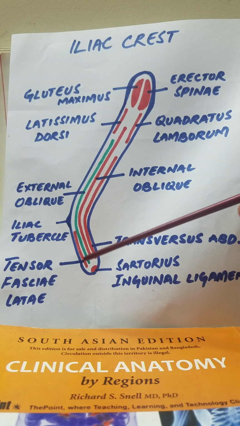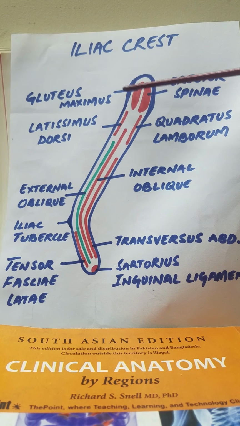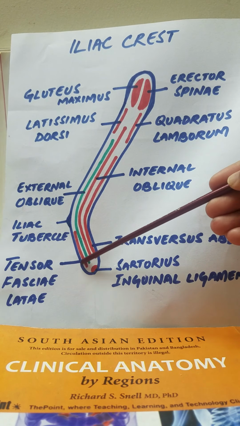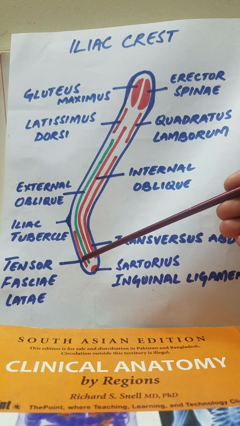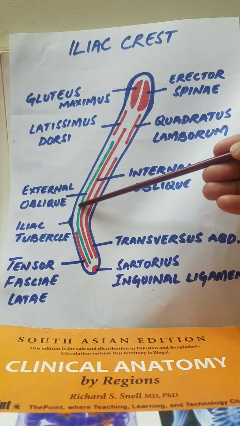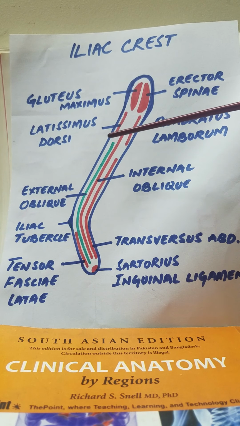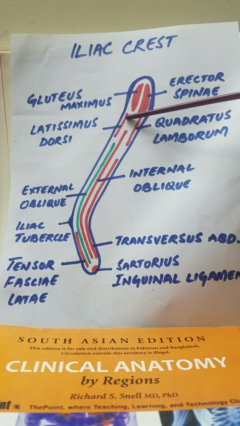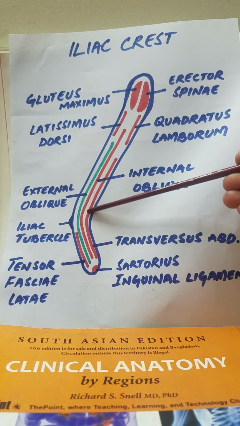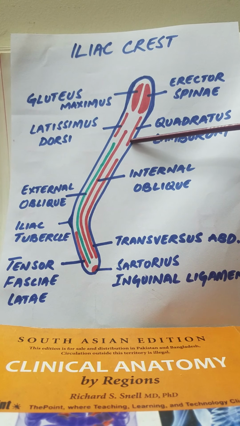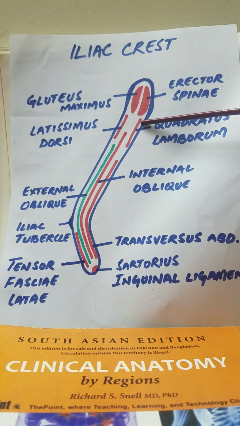So on the outer lip, we have the fascia lata throughout, the tensor fascia lata anterior to the iliac tubercle, then the external oblique and the latissimus dorsi. On the inner lip, we have the transversus abdominis and the quadratus lumborum muscle.